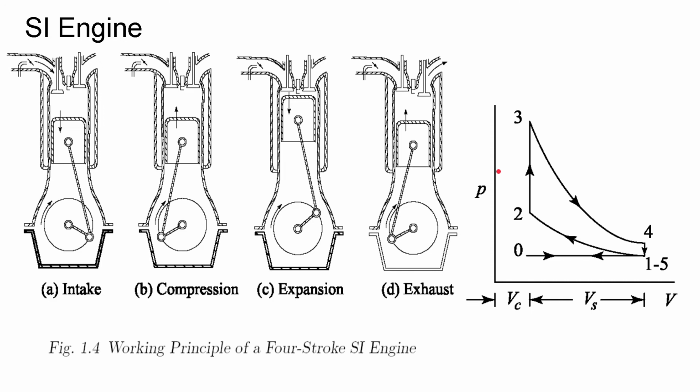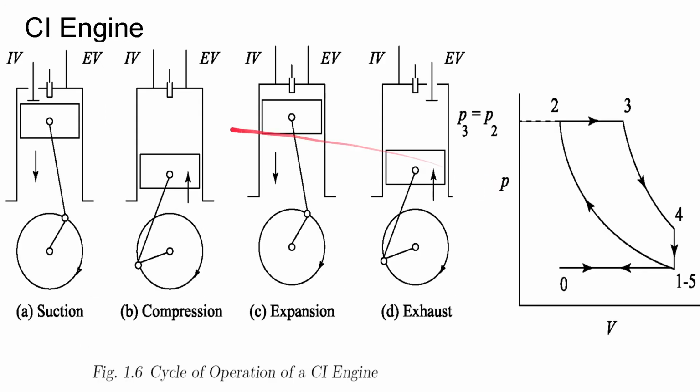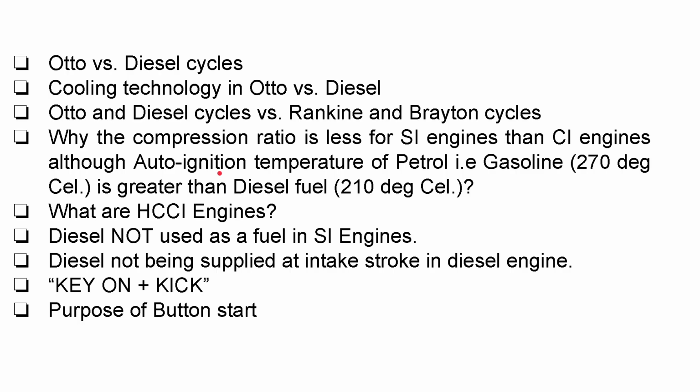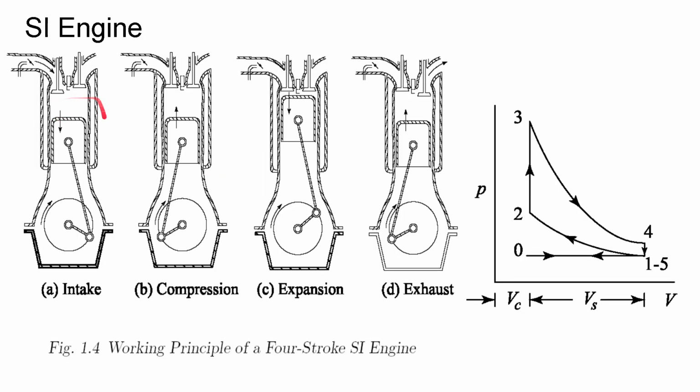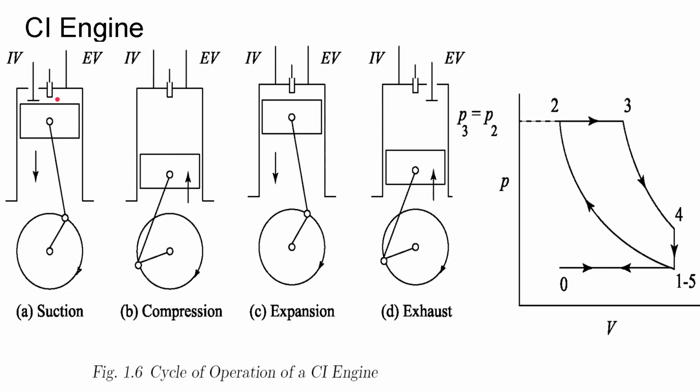We'll see the formula of thermal efficiency. It is a function of compression ratio, and over here, since the compression ratio is high, our thermal efficiency is high. Then over here we have a homogeneous mixture of fuel and air, while here the homogeneous mixture is not formed, it is more of a heterogeneous mixture.